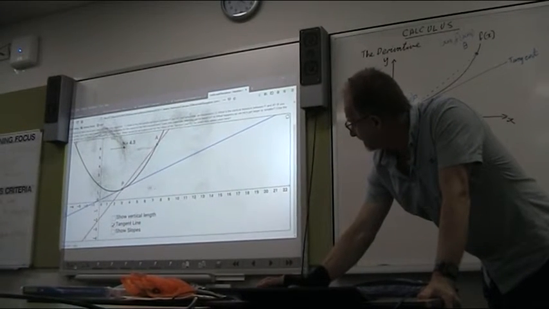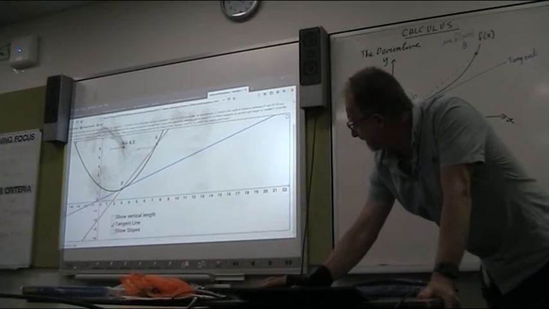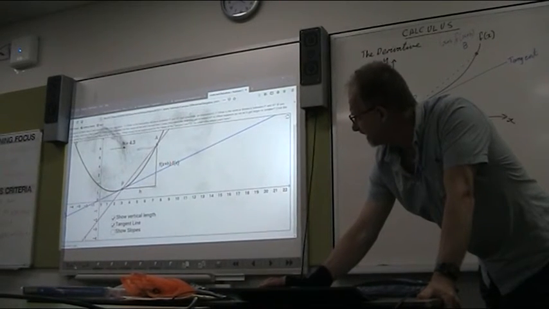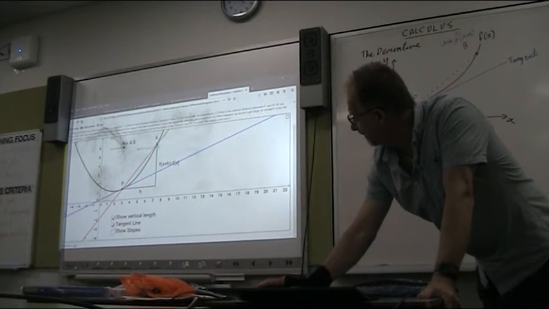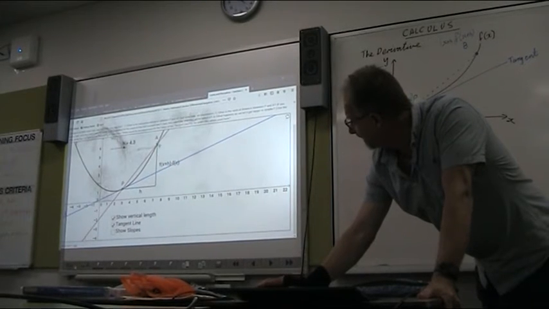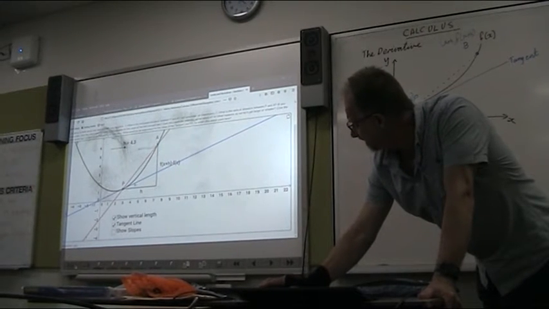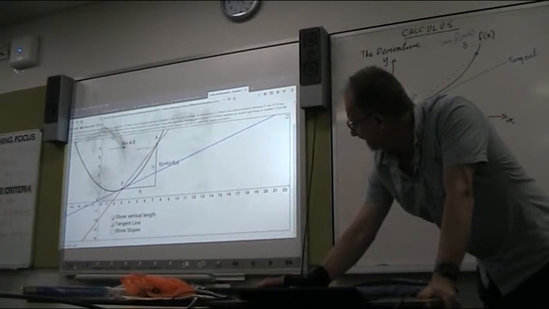The h is this horizontal distance here, and that's the triangle. The vertical height would be the y coordinate of A, which is f of x plus h, minus the y coordinate of P, which is f of x. And that's this side here. I'll do more of that in a minute. And then the difference in the x values.